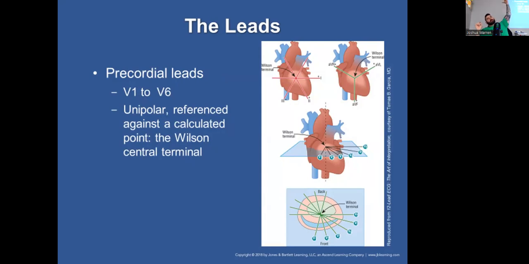So the bipolar leads are leads 1, 2, 3. They have two attachment points, negative and positive. Next, we have the augmented leads, which would be AVR, AVF, AVL. Those are your limb leads. Everybody with me so far? Now, the precordial leads view the heart in a horizontal plane.